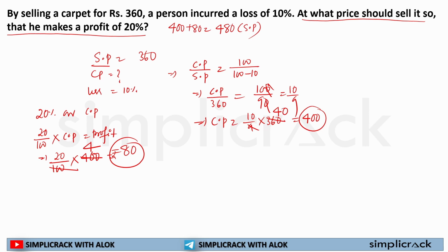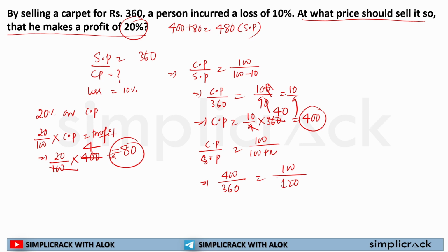Or I could have simply used the formula, that is cost price by selling price is equal to 100 by 100 plus x. Cost price was 400, and the profit will be 20%. So 100 plus 20 is equal to 120.